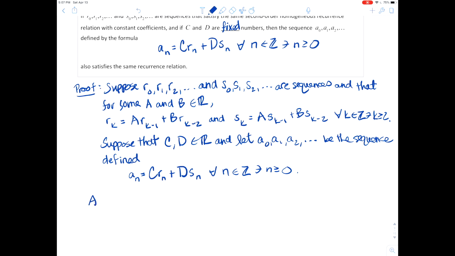So let's do it. Capital A times A sub k minus 1 plus capital B times A sub k minus 2 is going to equal A times, well, what was A sub n? Good. A sub n is defined up here. And instead of n's, we're plugging in k minus 1.